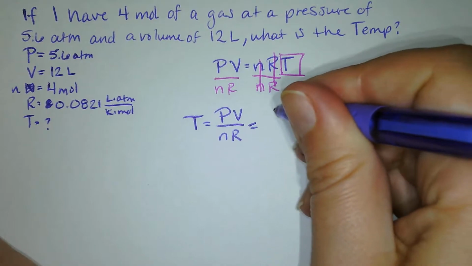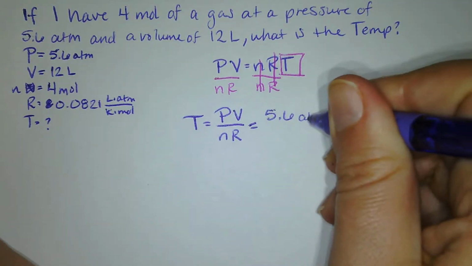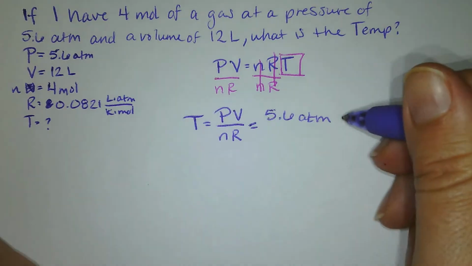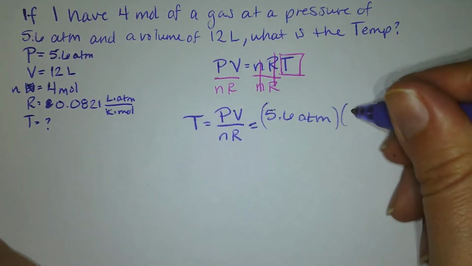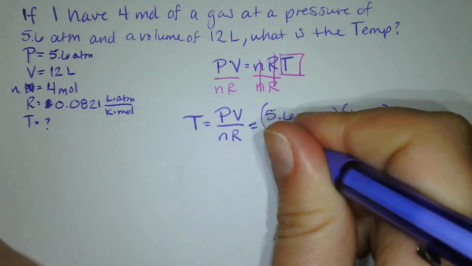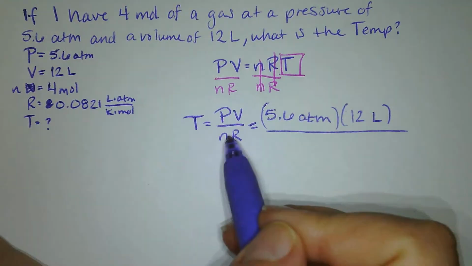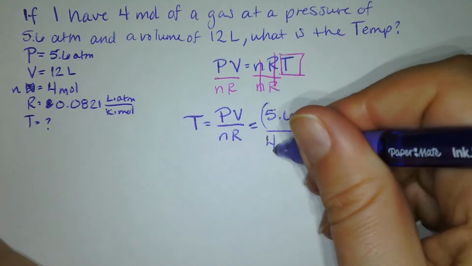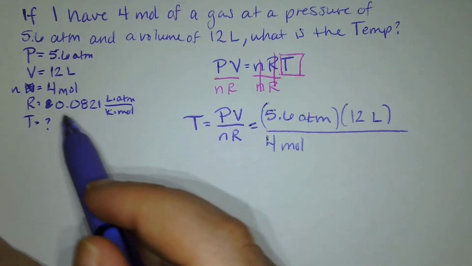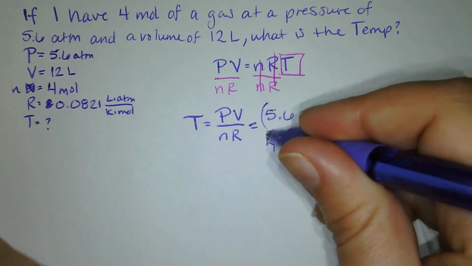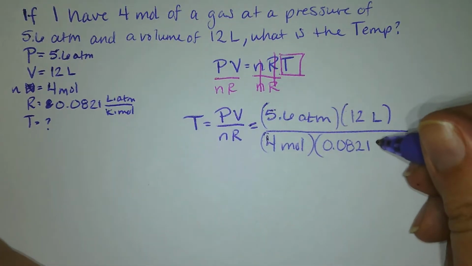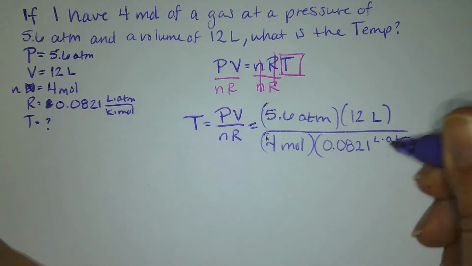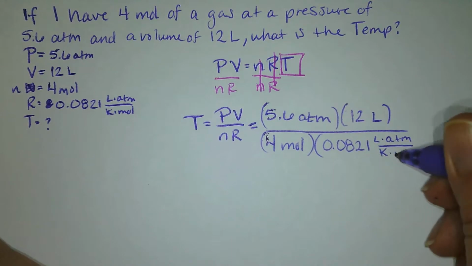So we have pressure of 5.6 atmospheres times volume of 12 liters over n, which is 4 moles, and R, which is 0.0821 liters atmospheres over Kelvin moles.